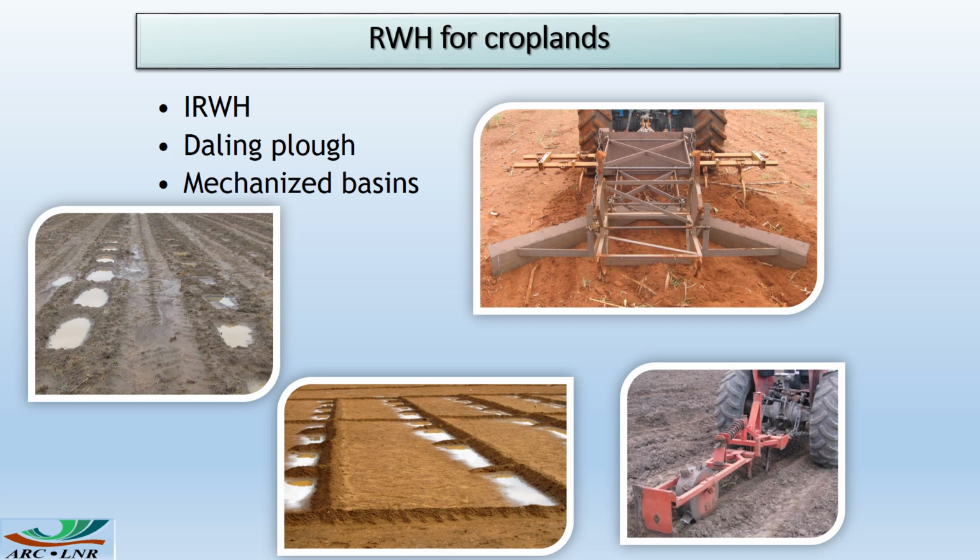When we did rainwater harvesting overall, we also used the Darling plough, on your top right hand side. On your left hand side are the mechanized basins. On the right hand side at the bottom, there is also a basin plough behind the tractor that makes those ridges.